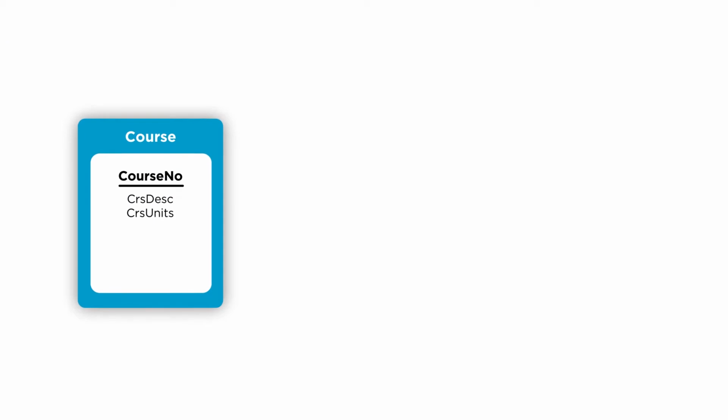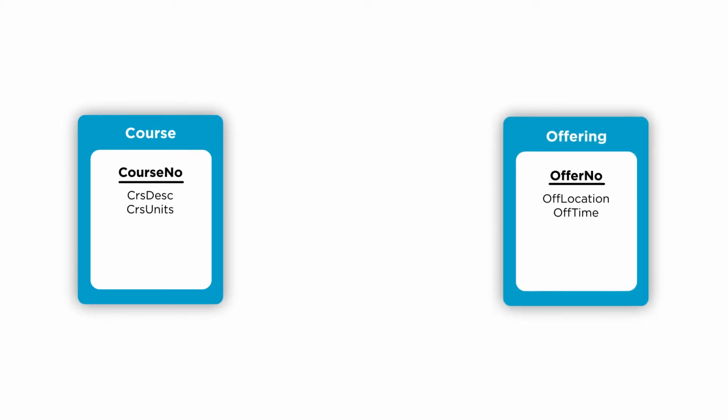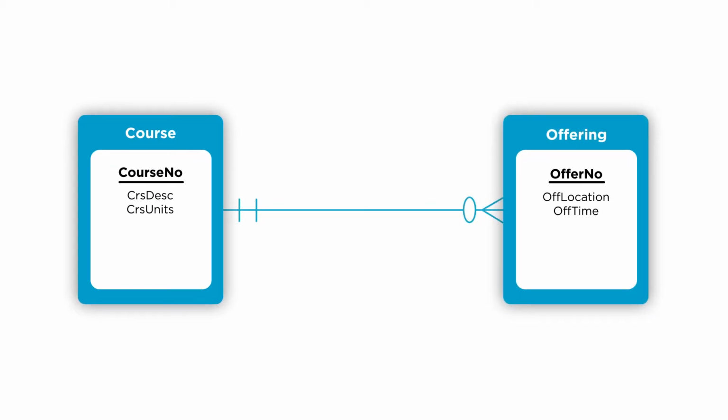Pay a little bit of attention here because it can be a little bit confusing at first. Let's see a few examples that show the symbols that we discussed being used as part of a diagram. Let's say that we have an entity course and we have an entity offering. We have the relationship that each course has offerings. Now, let's examine the cardinalities as they are written in the diagram.